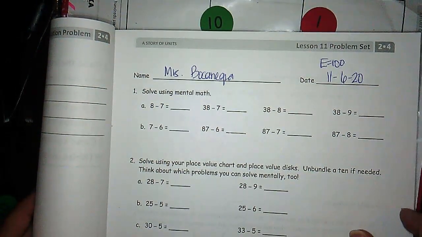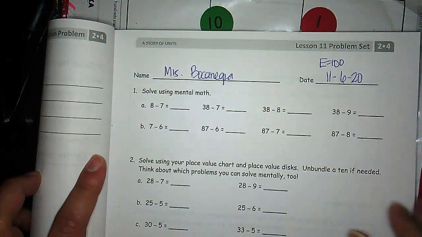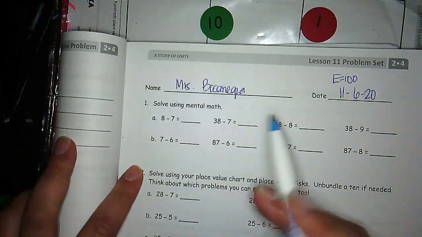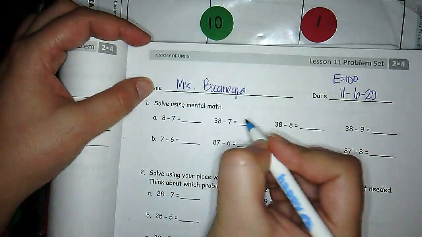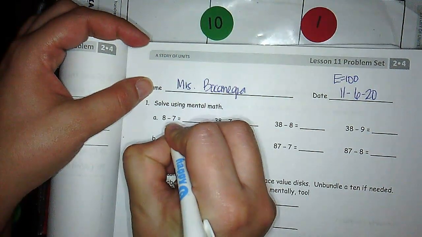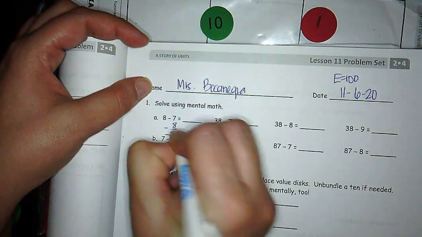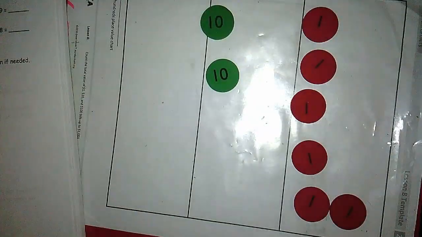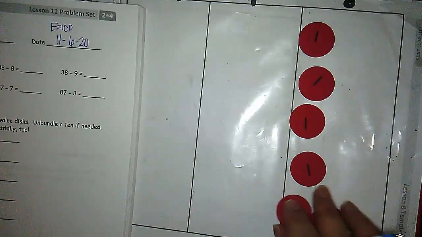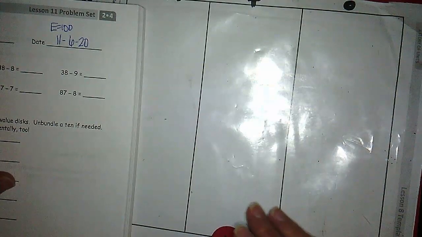Ready? I'm going to model the first one. So, key point number 1 says, write the problem vertically. So, I'm going to write it right here, boys and girls. 8 minus 7. Then, key point number 2 says, model the whole. I'm going to use my 1s and 10s, my place value disks, and the whole is a big number.